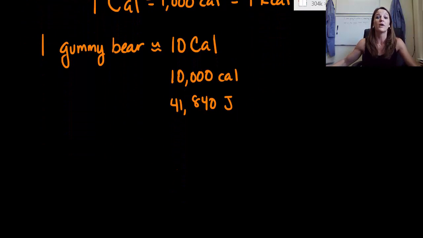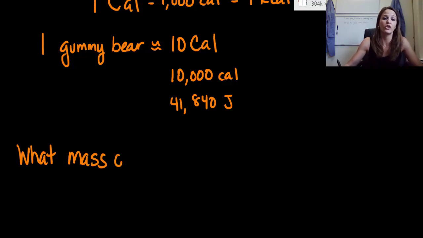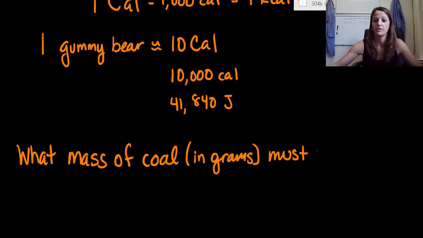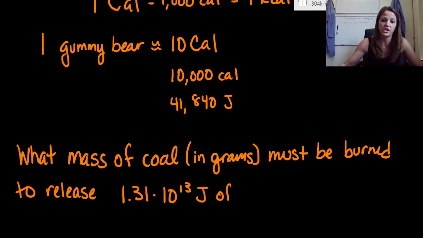All right, so let's do a problem using these units that you need to understand here. What mass of coal, going back to combustion, in grams, I'm being very specific here, what mass of coal in grams must be burned in order to release 1.31 times 10 to the 13th joules of energy, okay?